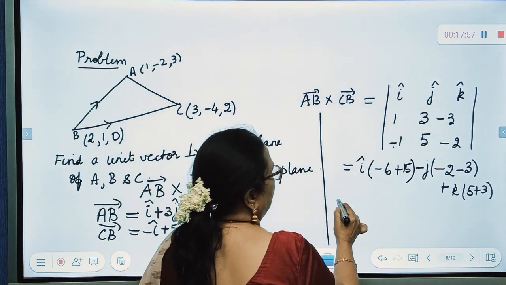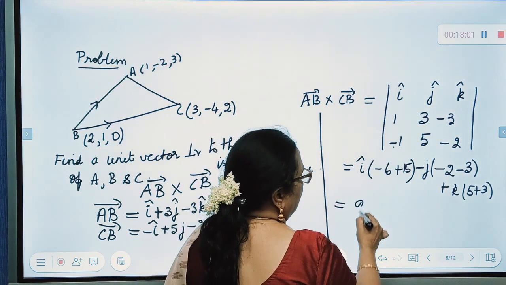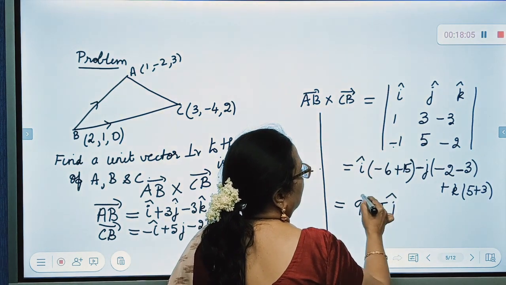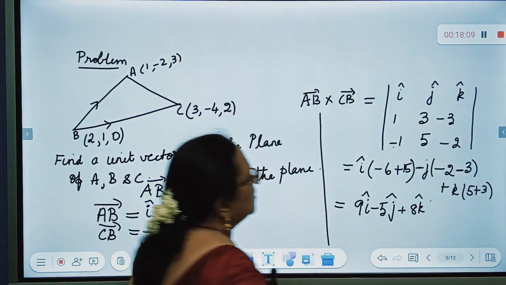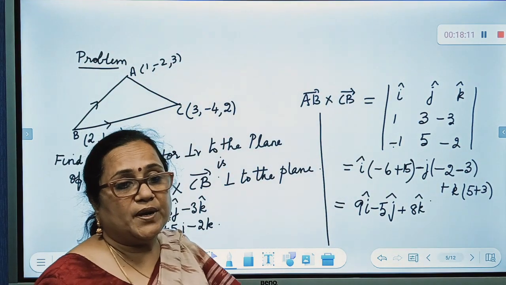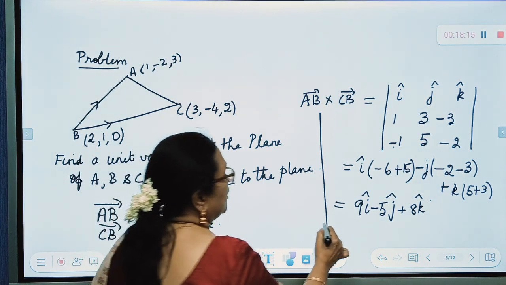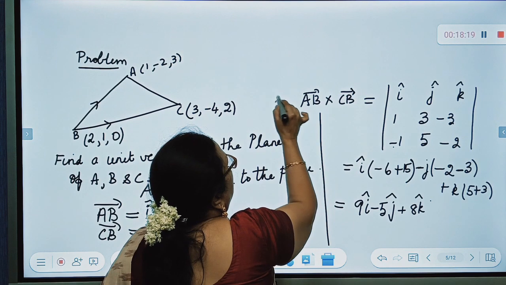So this will be 9i minus 5j plus 8k. So this is a vector which is perpendicular to the plane of A, B and C. Now what will be the unit vector? Let me call this C vector.